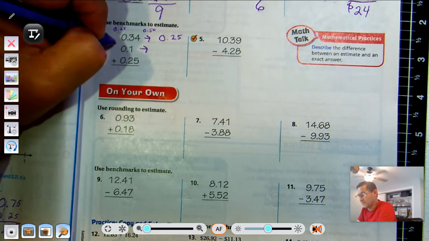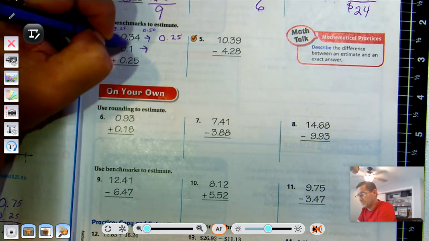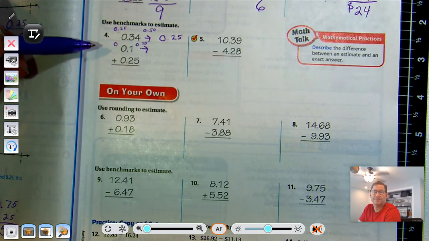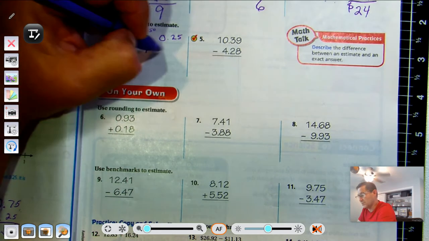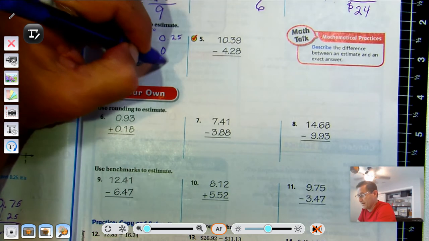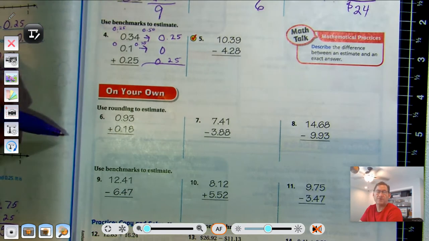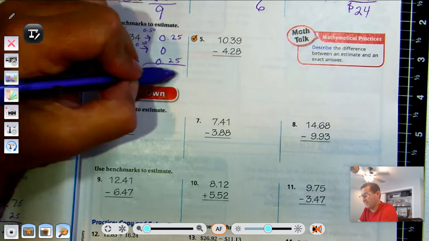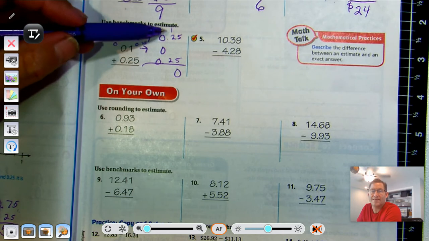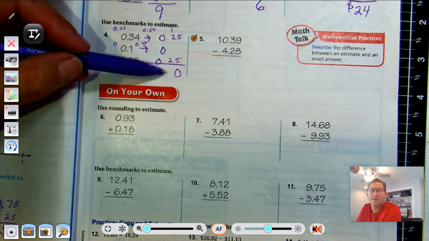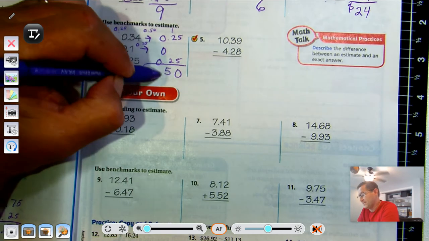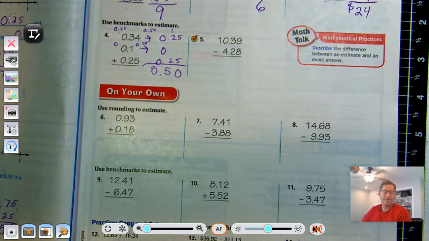The other number is between 0 and 0.25, and it's closer to 0, so I'm just going to use a value of 0. And 0.25, that's already there. Right, so add those up. 5 and 5 is 10 hundredths. Regroup that as 1/10 and 0 hundredths. 2 tenths plus 2 tenths plus 1/10 is 5 tenths. So 0.5.